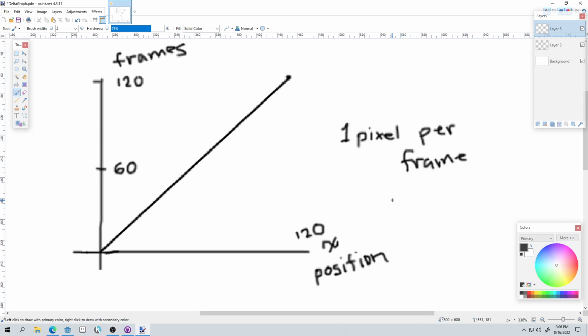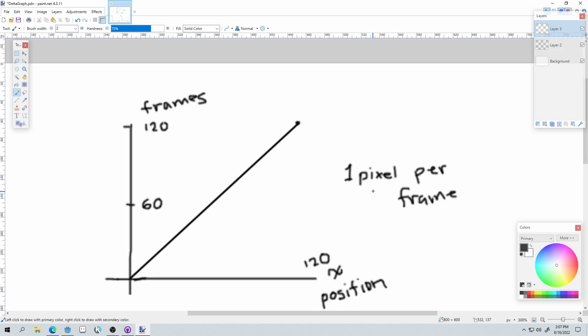However, this is frame dependent, okay? Which means that how long these frames take to process in real life could affect how quickly our character appears to move on the screen. Even though we're moving 1 pixel per frame, or 1 x position per frame, it might take a different amount of real life time to get to that destination.